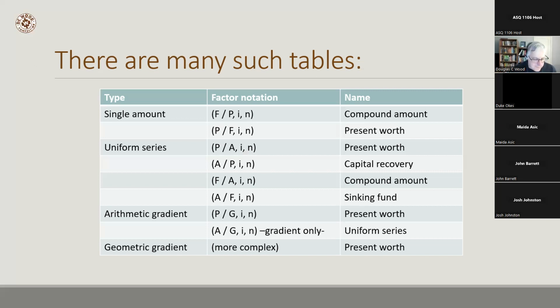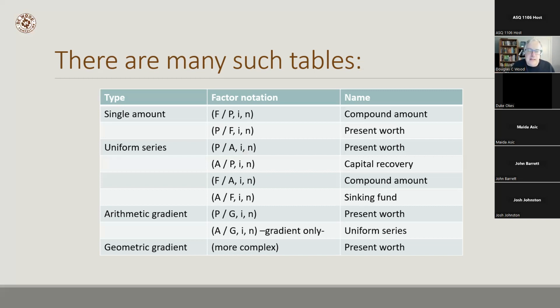So F means a future amount. P means a present value, that is today. A is an annual fixed amount each year. The gradients change in a predictable way each year. The N represents the number of time periods, and the I represents the interest for the time period.